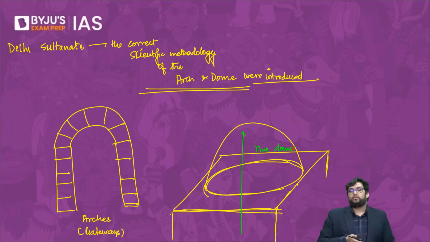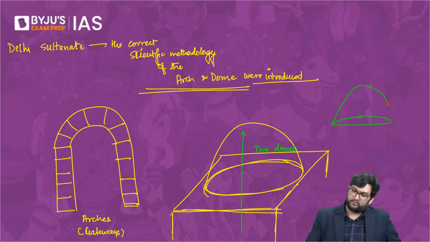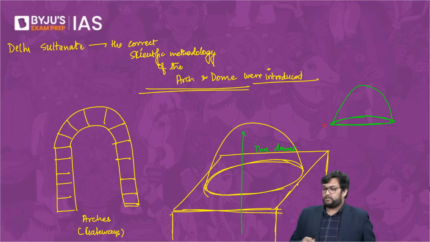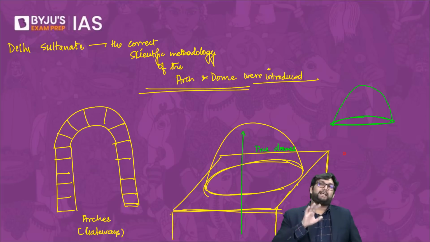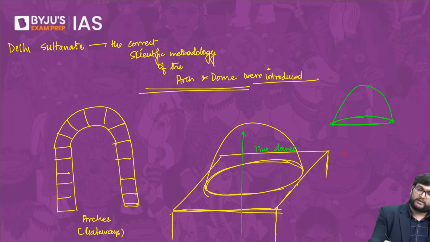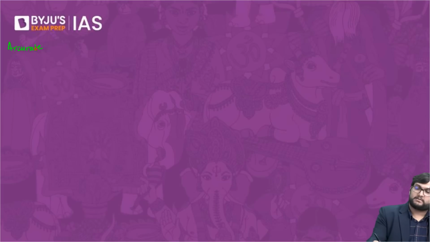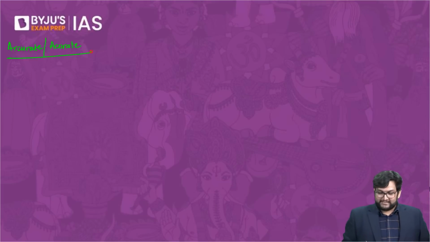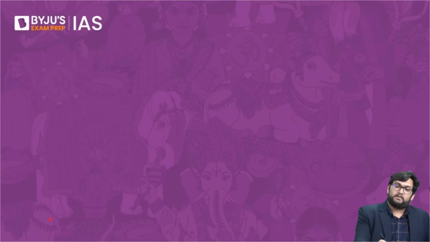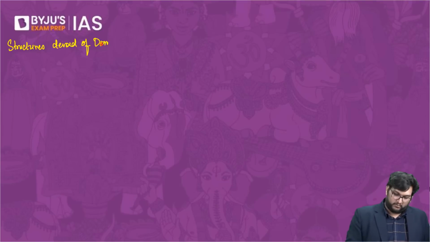And when you know how to make a proper dome, you basically are now capable of making what are called arcuate structures. Arcuate structures, see, arcuate structures, whatever it may be, these are structures devoid of columns, vertical columns, is called an arcuate structure.